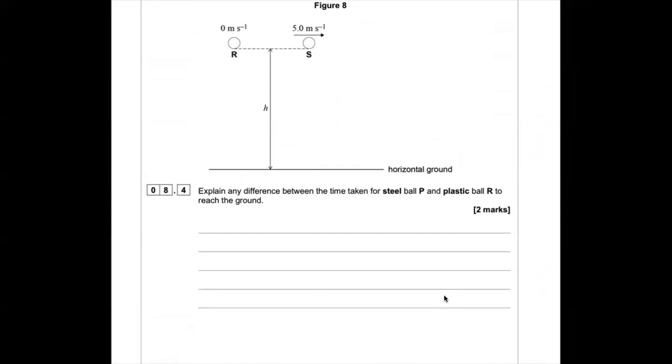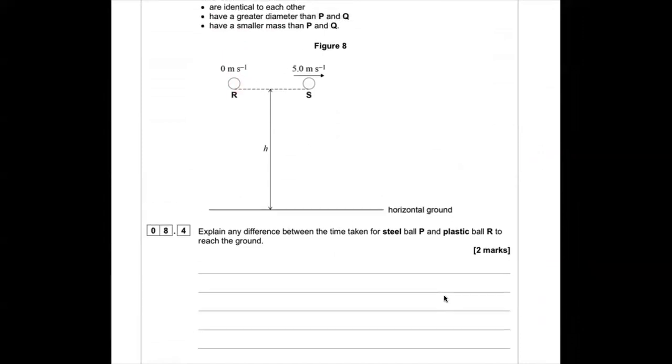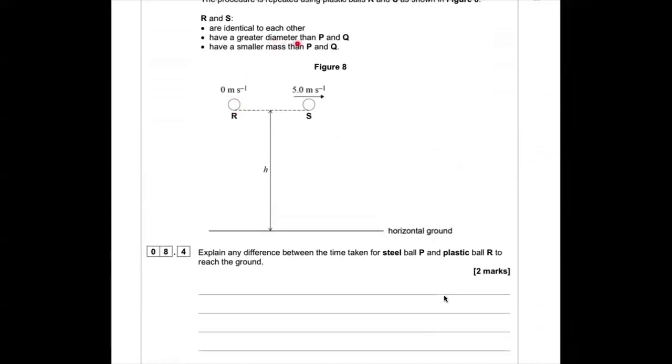So it makes sense that R is going to have air resistance acting on it, because R has a greater diameter than P and Q, right? Because it has a greater diameter, it would face more air resistance.